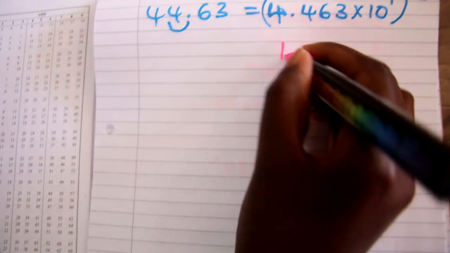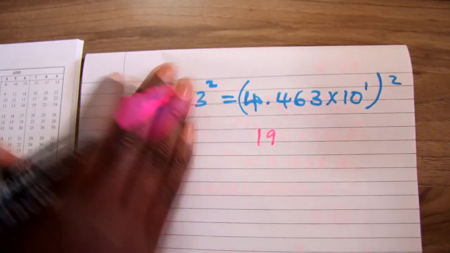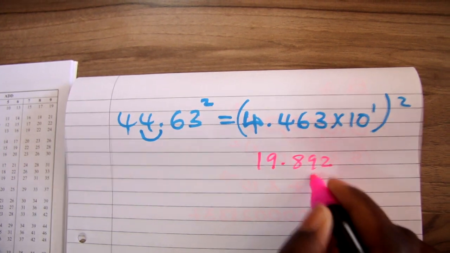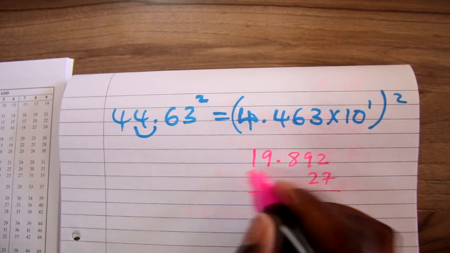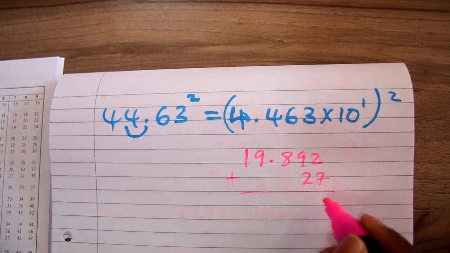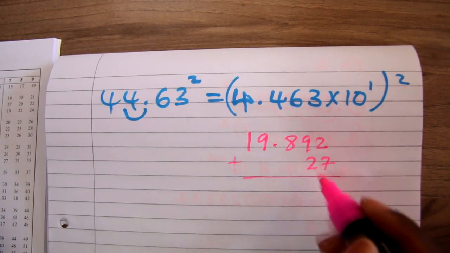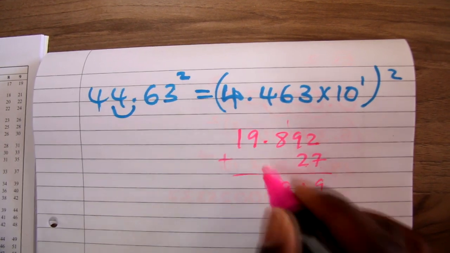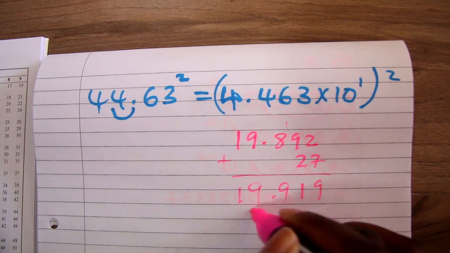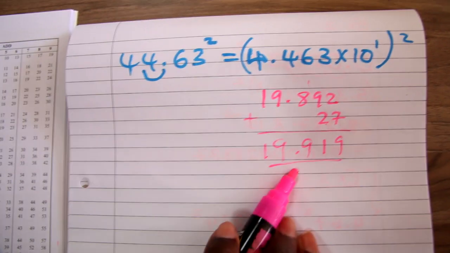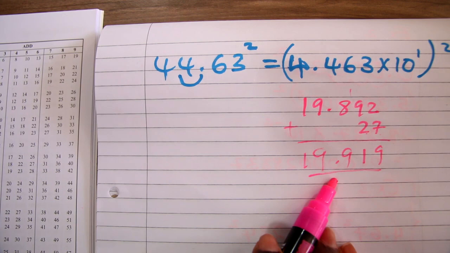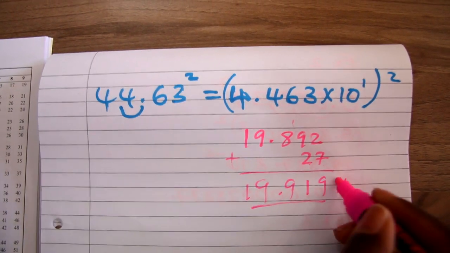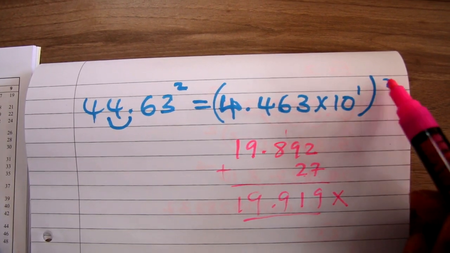So this will be 19.892, and then we add 27. On adding here we have 9 plus 2 is 11, 1 carry 1, then 1 plus 8 is 9, then 9, and then the 1. So the final answer for the square of 44.63 will be 19.919.